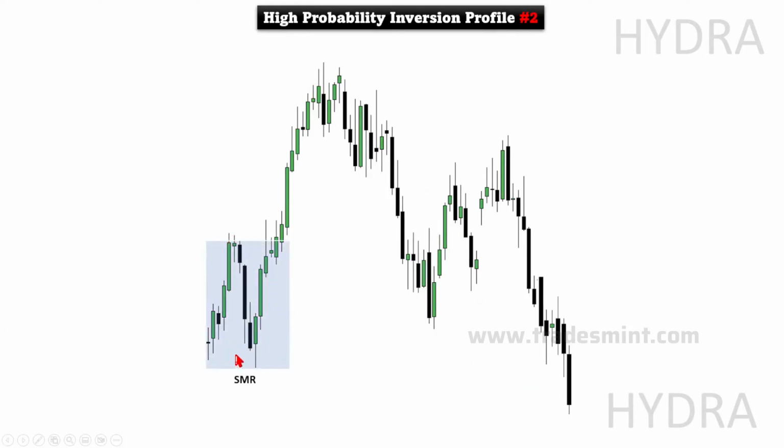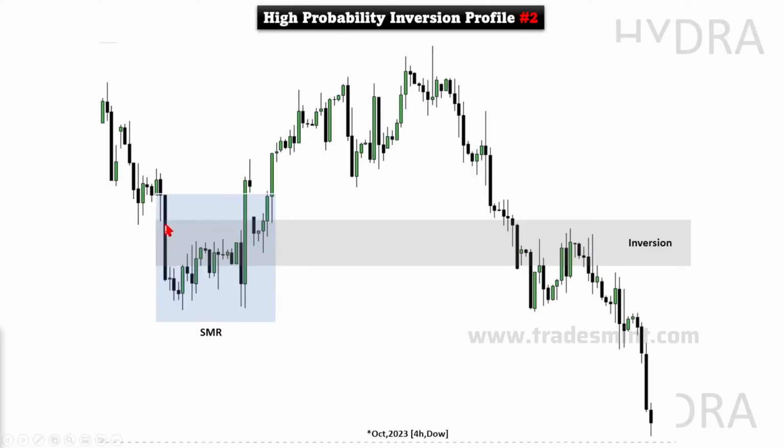So this is our SMR, right? We have our fair value gap right here. We have multiple fair value gaps in this condition. So which one do you trade? That's a very nice question. You can trade this one, okay? The newer one. In our previous examples, there was basically no other fair value gap other than this one, right?